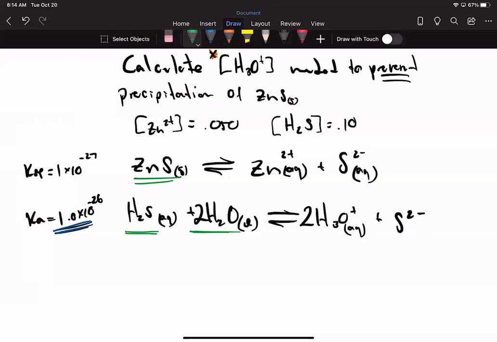The equations are in the language of the problem.